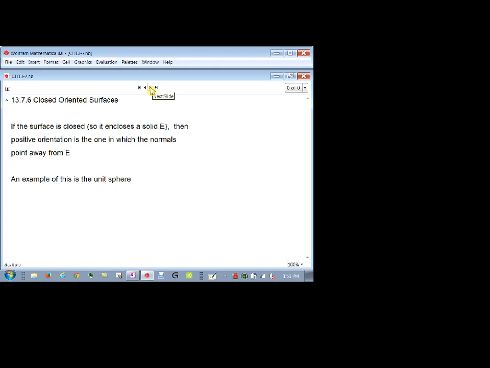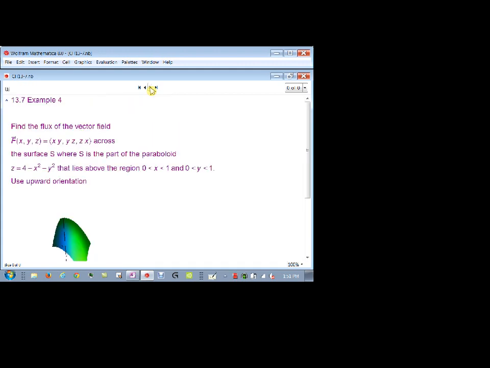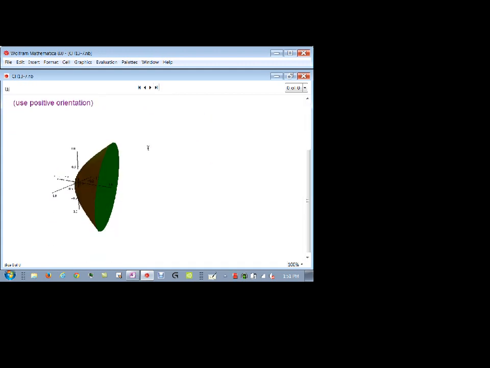Away from E. That's the solid that it encloses. So when you look at this solid, looking at this disk right here, the normals that we want point which way? To the right, right? Down the y-axis. And then the part of the paraboloid here, which way do those normals point? Down the left.